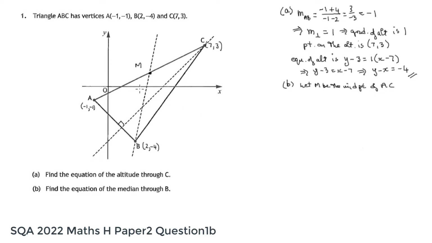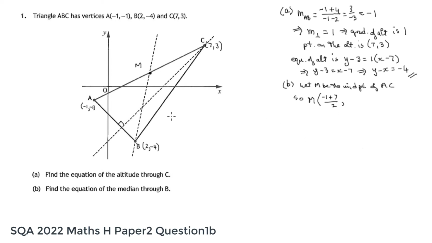So how do we find midpoints? Well, we know the coordinates of A and C, and it's an average. Mean of the X coordinates, mean of the Y coordinates. So M is, and let's show the calculation, the sum of the two X coordinates, -1 plus 7, halved. That's the mean of these two X coordinates.